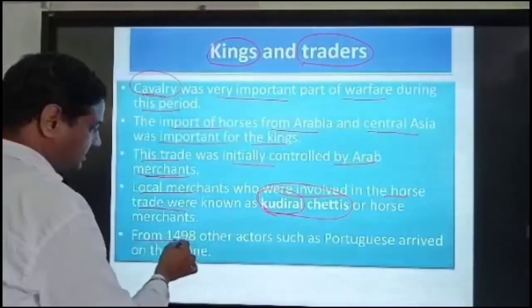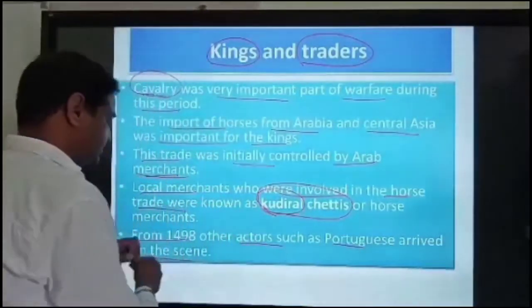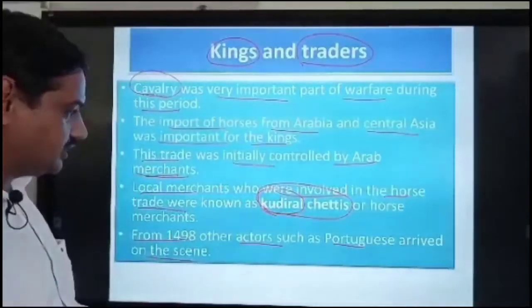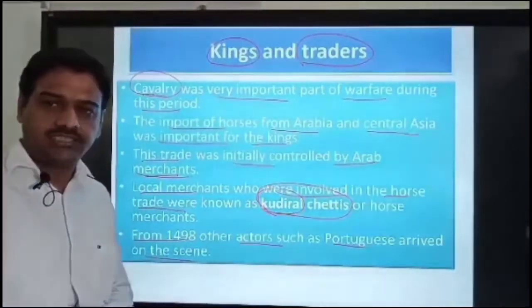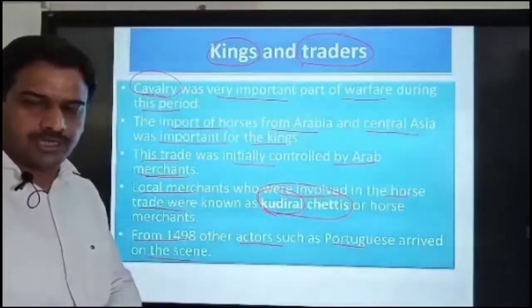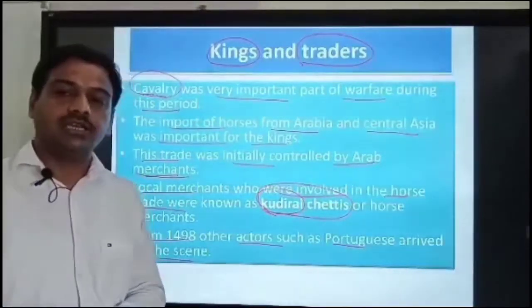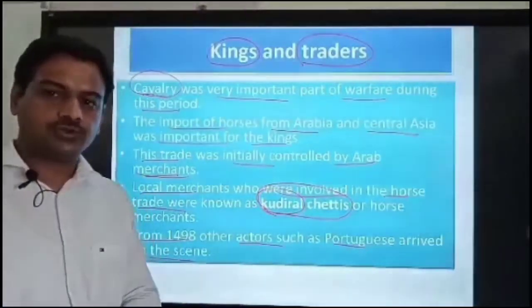From 1498, other actors such as the Portuguese arrived on the scene, because in 1498 Vasco da Gama came to India, and he discovered an alternative route to India so that he could bypass the Arabian Peninsula, because Arabian people used to charge very high taxes from the traders who passed through that area.